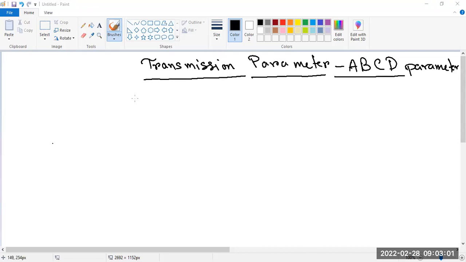So we can state that the transmission parameters are widely used in transmission line theory as well as the cascade network. So first, write down these things.